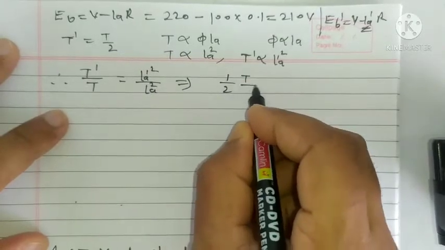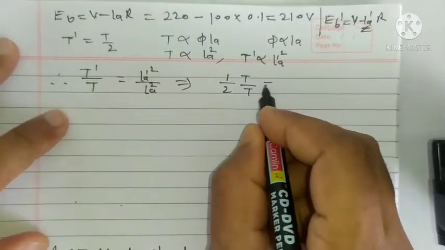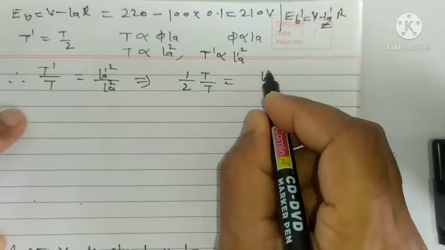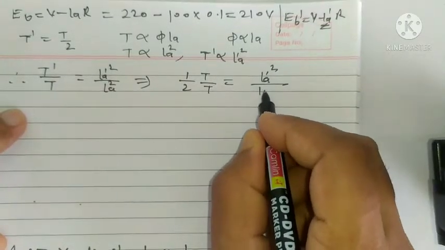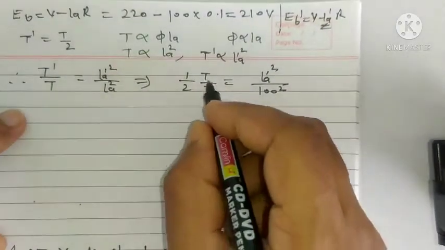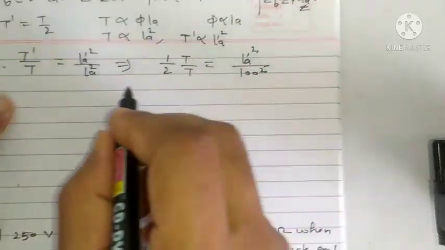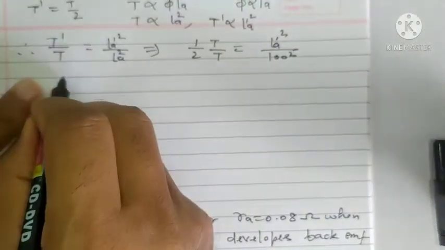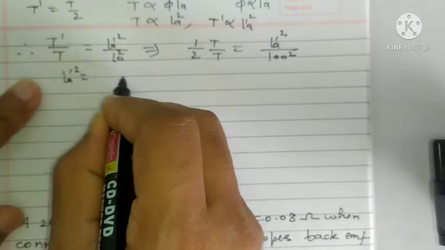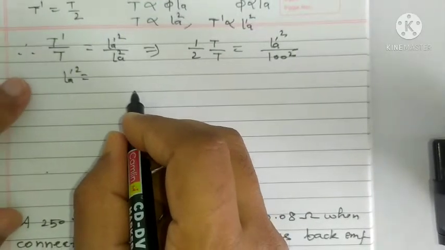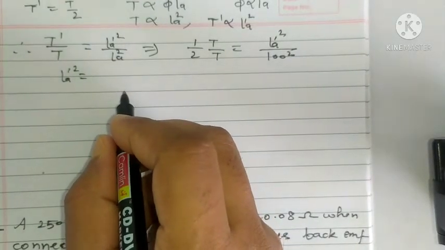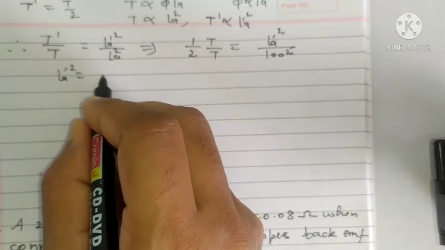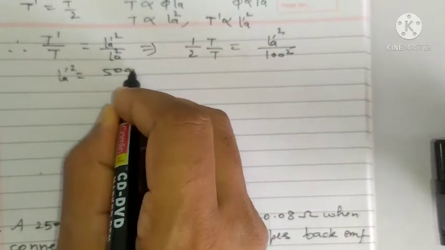Half of T divided by T equals IA dash square, which we don't know, by IA square, which is known, 100 square. So T and T cancel and you will have IA dash square as 100 into 100 divided by 2, that is 100 into 50, 5000.